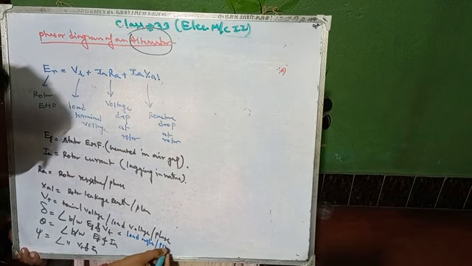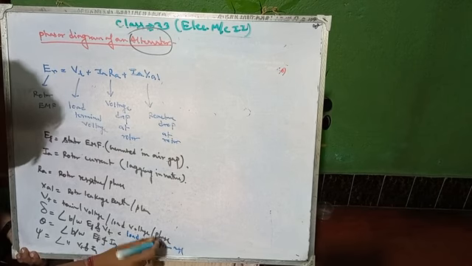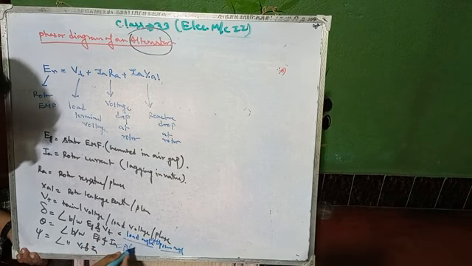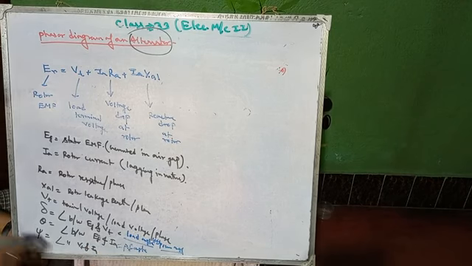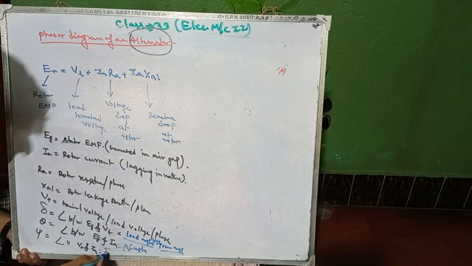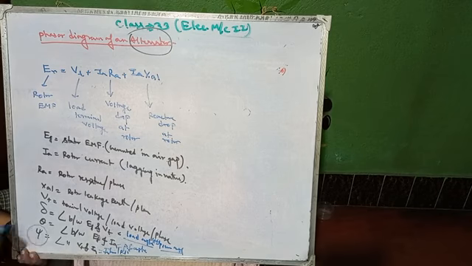Theta equals the power factor angle, and psi equals the internal power factor angle. So this is the internal power factor angle, this is the power factor angle, and this is the load angle. There are three types of angles.